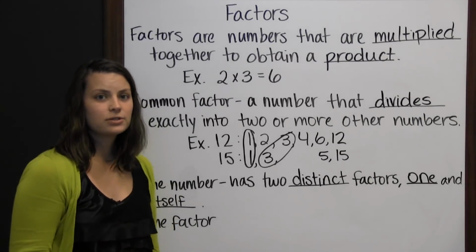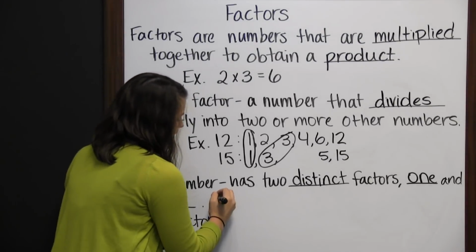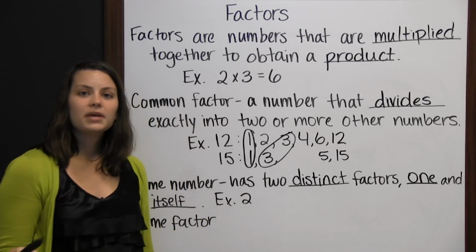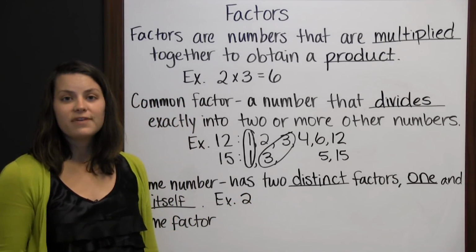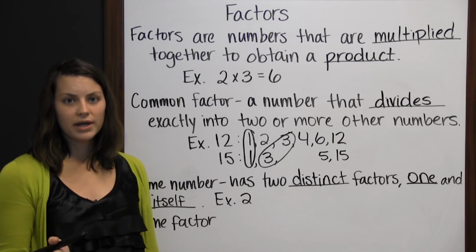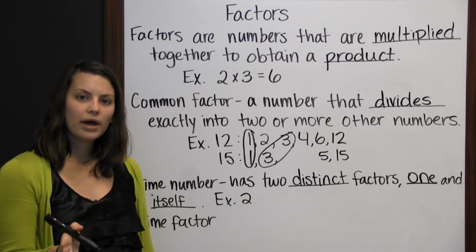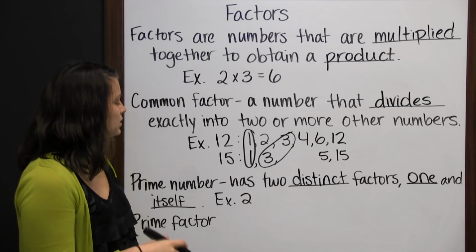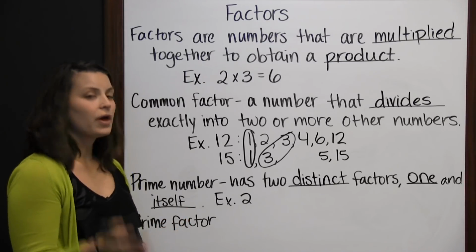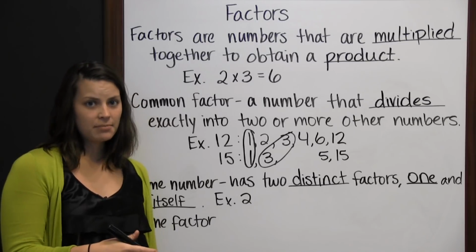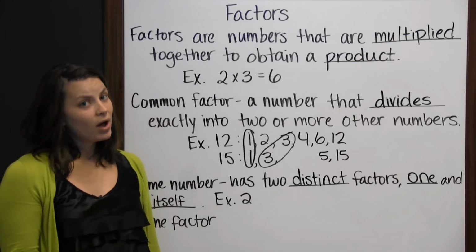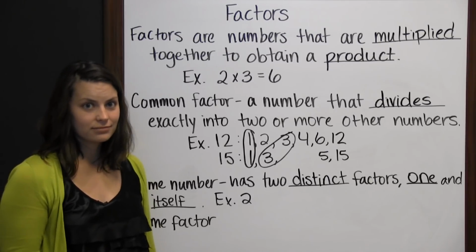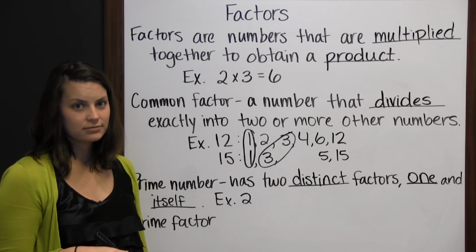The very first prime number is 2, because the only factors of 2 are 1 and 2. 1 times 2 is 2. Some people think that 1 would be the first prime number, but 1 only has one factor, 1. 1 times 1 is 1.